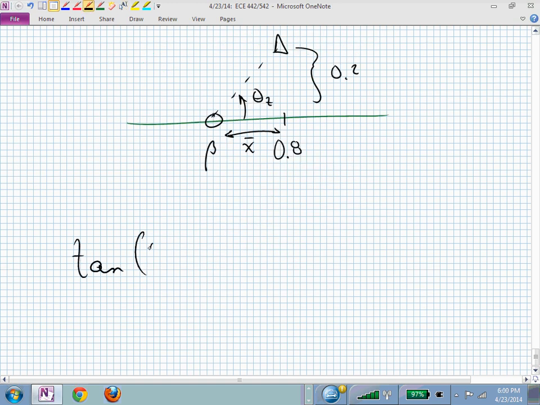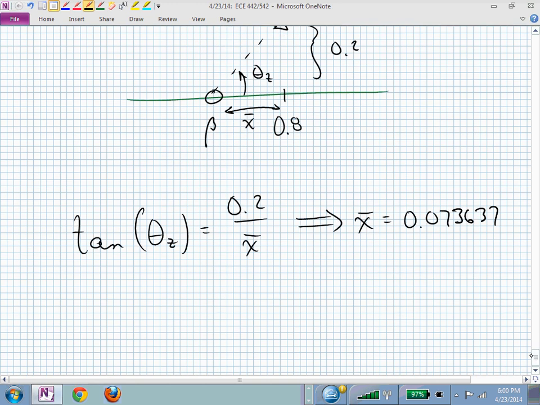So the tangent of theta sub z is now 0.2 over x bar, which allows us now to solve for x bar, and x bar ends up being 0.07367.